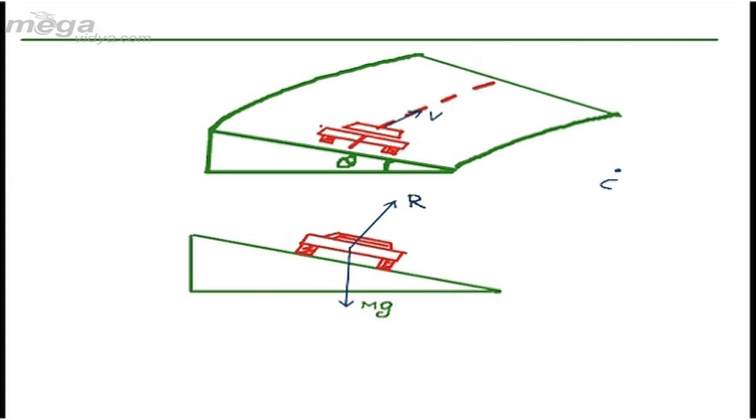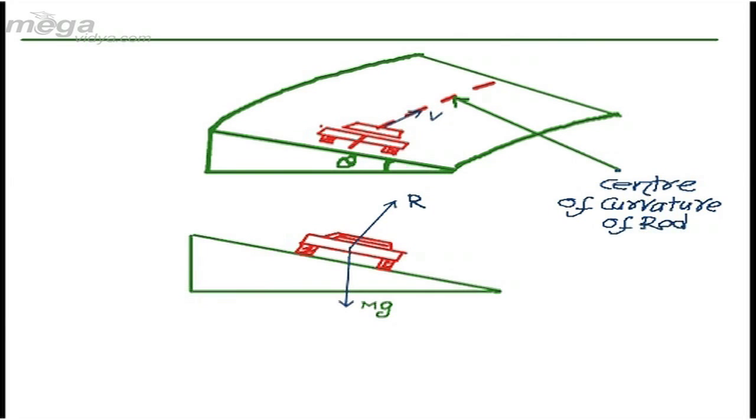If this is the center of curvature of the road, then obviously the distance from the center of curvature to the path of the car, say it is r.